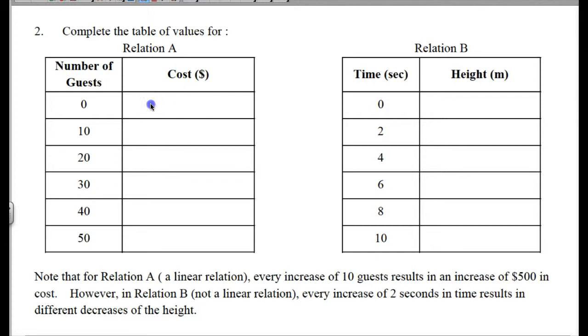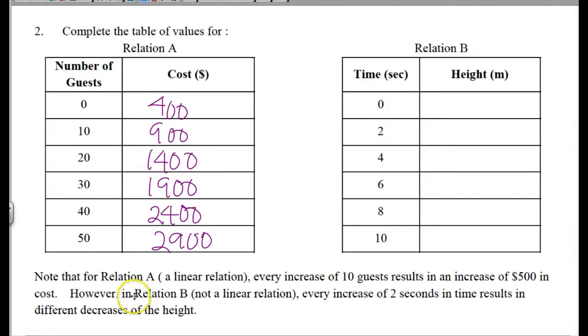So 0 guests, $400, 900, 1400, 1900, 2400, 2900. Note that for relation A, a linear relation, every increase of 10 guests results in an increase of $500 in cost.